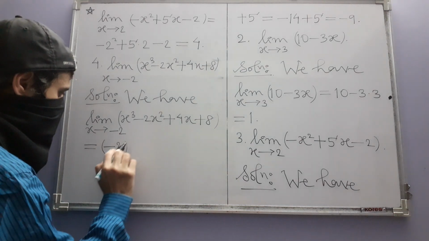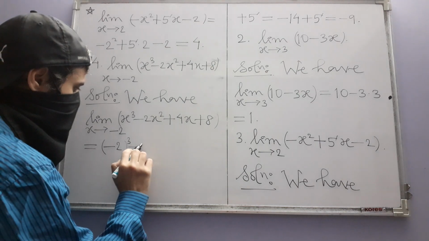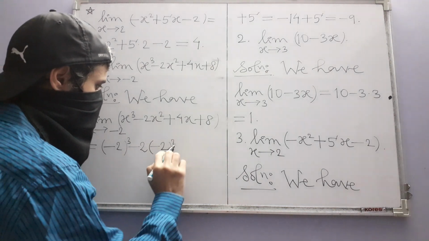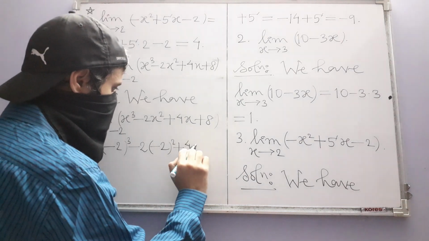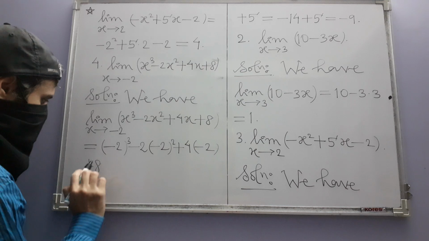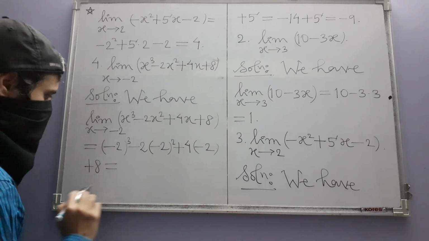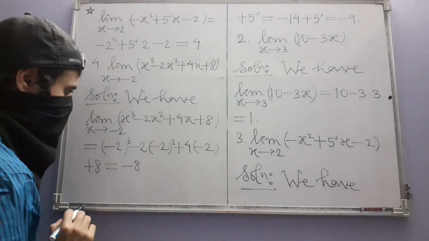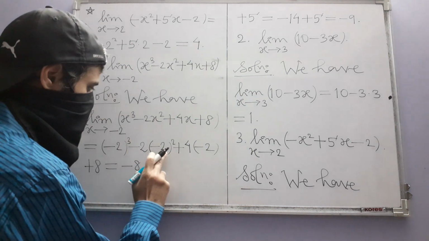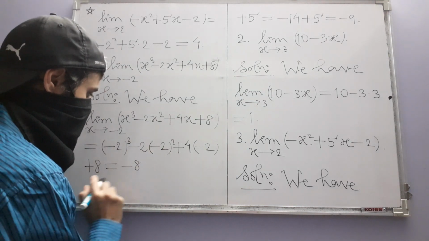Minus 2 whole cube minus 2 times minus 2 whole square plus 4 times minus 2 plus 8. So we get minus 8, minus 2 whole square is 4, 4 times 2 is 8.